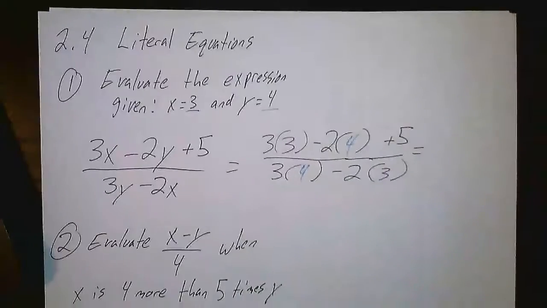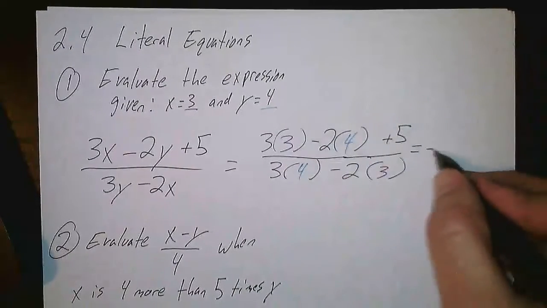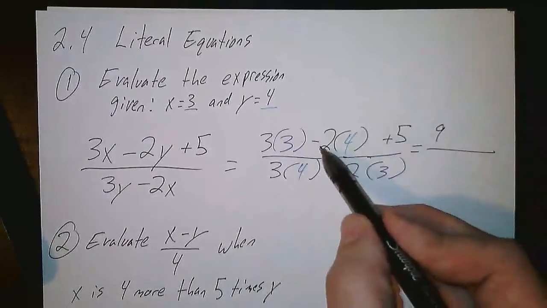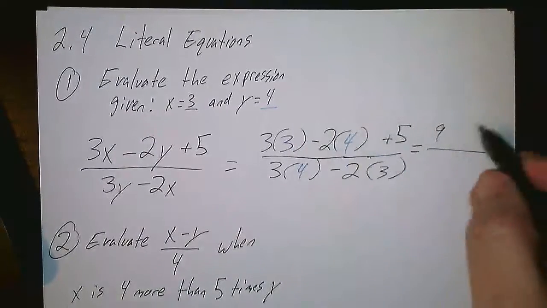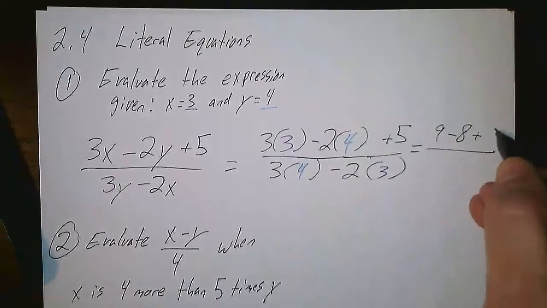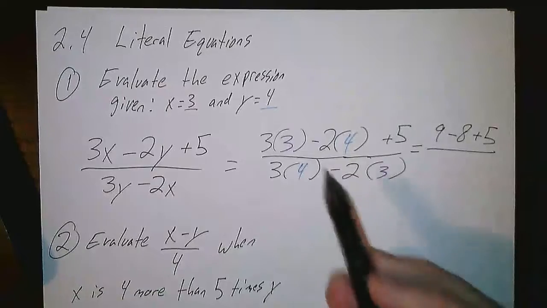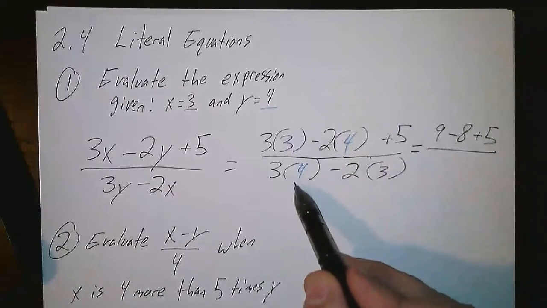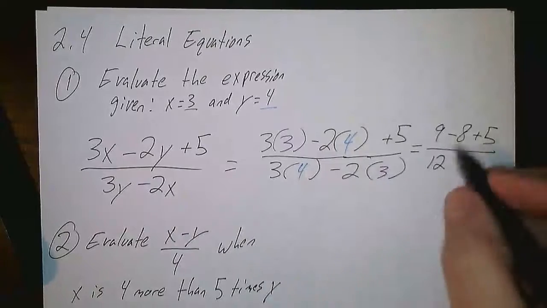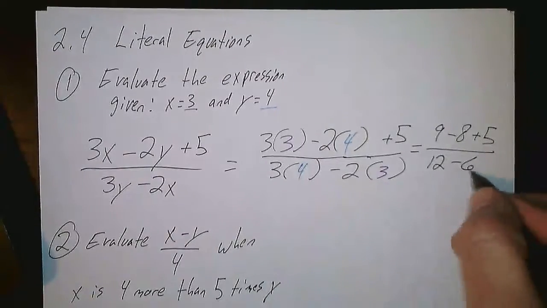So let's simplify this. 3 times 3 is 9. Negative 2 times 4 is negative 8. Bring in the plus 5. On bottom, 3 times 4 is 12. Minus 2 times 3 is 6.